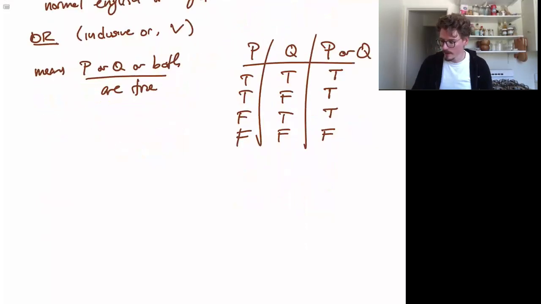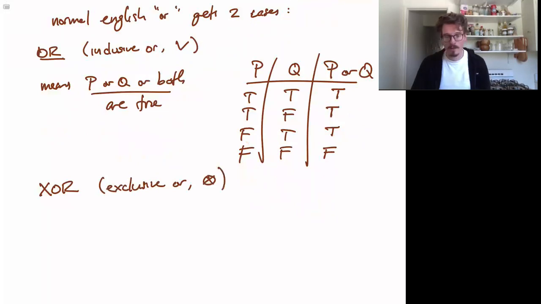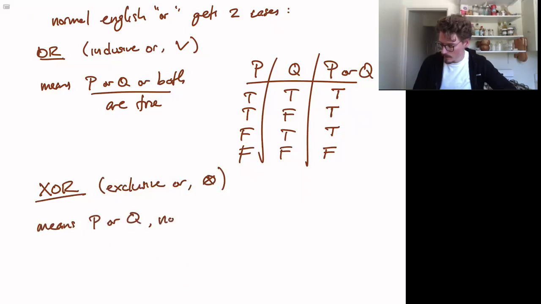And closely related is the exclusive OR, which is written as XOR, sometimes pronounced like that. This is the exclusive OR. I think the book denotes it by this product symbol. But again, I recommend using this term. This is the same, except P or Q, not both, are true.